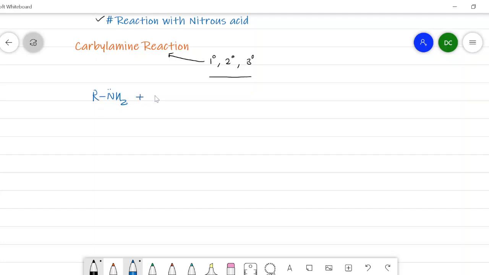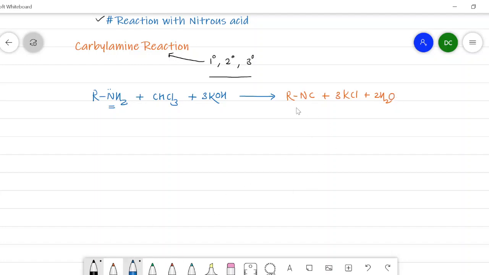When it is treated with a chloroform, that is CHCl3, and alkali, that is KOH, here I will write potassium hydroxide, 3 molecules, and after heating, what happens? This RNH2 group, it is converted into a isocyanide, that is RNC. It is isocyanide plus we get here thrice KCl plus twice H2O.